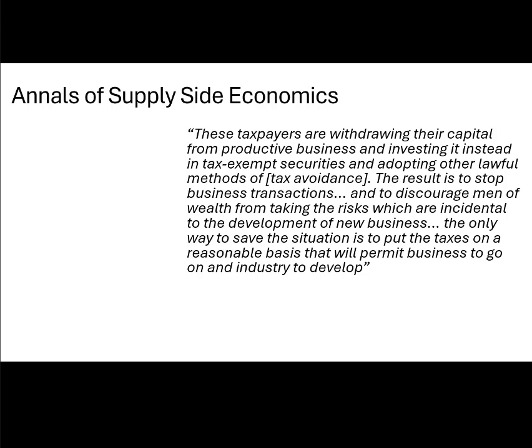The result is to stop business transactions and to discourage men of wealth from taking the risks which are incidental to the development of new business. The only way to save the situation is to put the taxes on a reasonable basis that will permit business to go on and industry to develop. And when this person says put taxes on a reasonable basis, he's talking about cutting tax rates a lot.